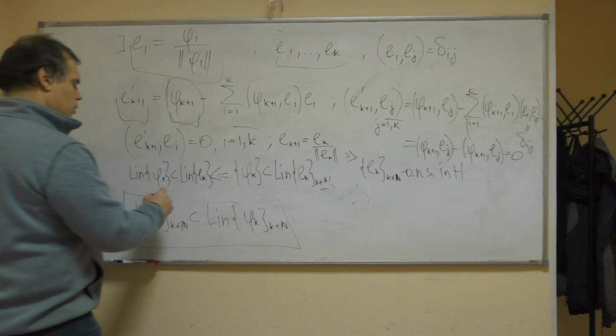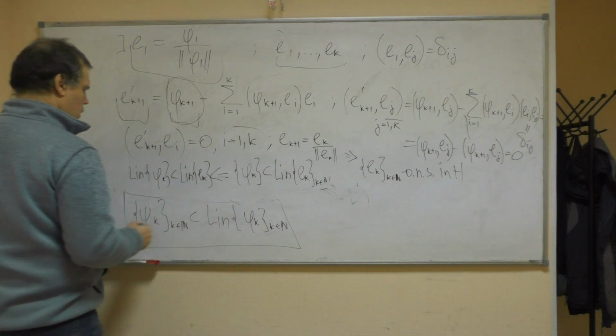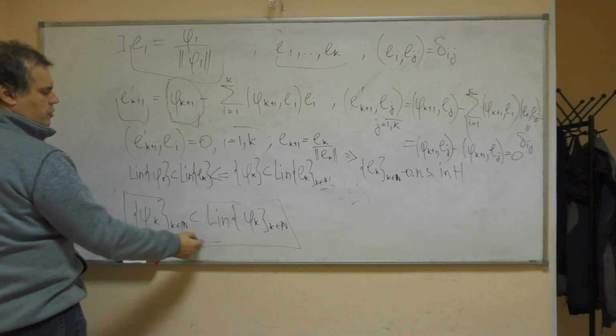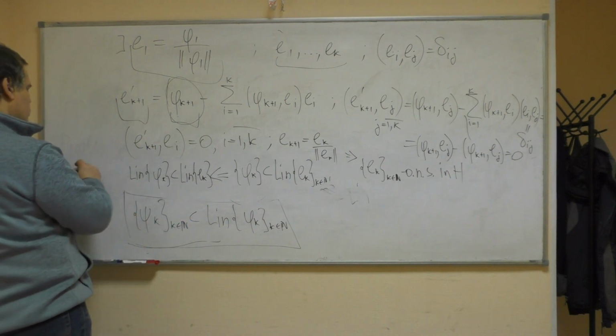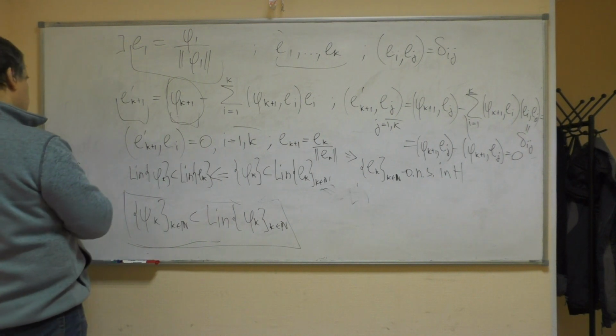But as we see here, this linear envelope contains our initial everywhere dense set psi k.